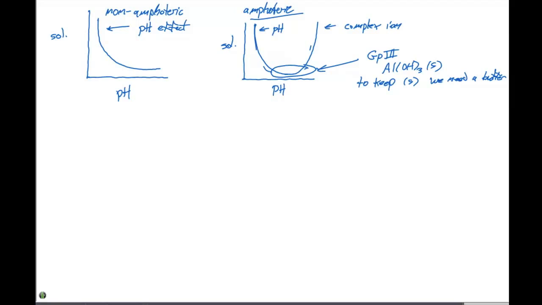The reason we use that buffer solution is to make sure that our aluminum hydroxide stays as a solid. Because if the pH becomes too basic, we're going to be up here in this region, and we're going to observe a complex ion formation, and that aluminum is going to dissolve. So keep that in the back of your mind when you're going through your qualitative analysis procedure, that we need to make sure we prepare a proper buffer solution, because if we don't, the aluminum hydroxide dissolves and we won't be able to confirm that. Okay?